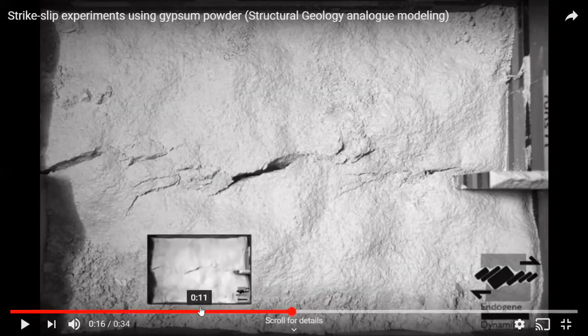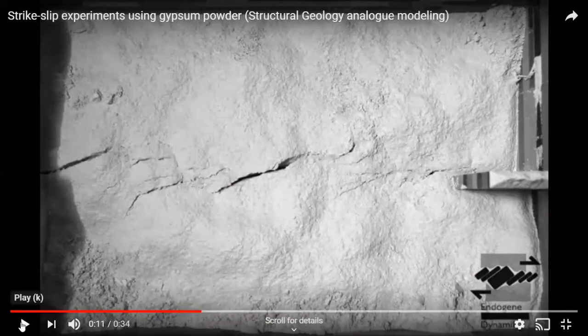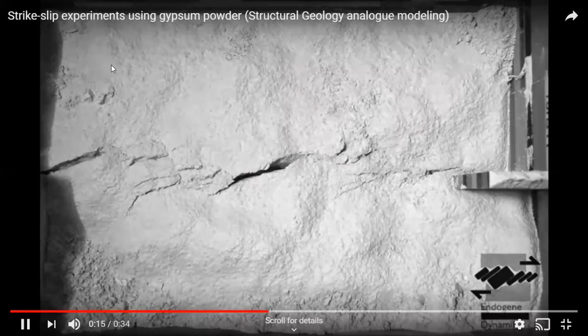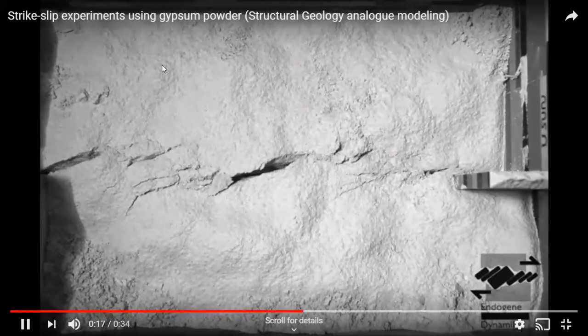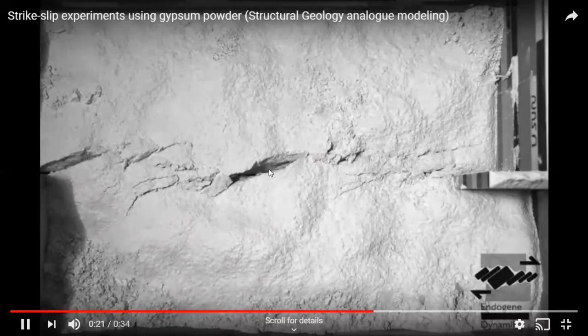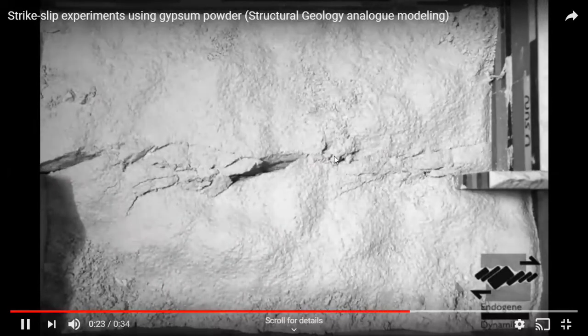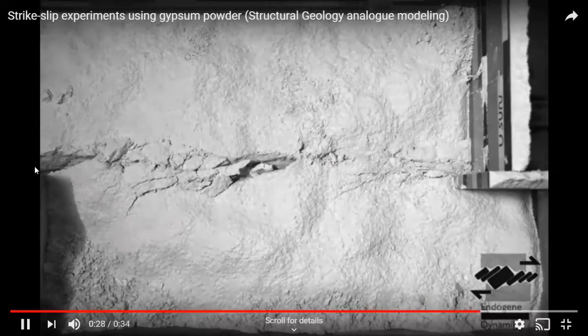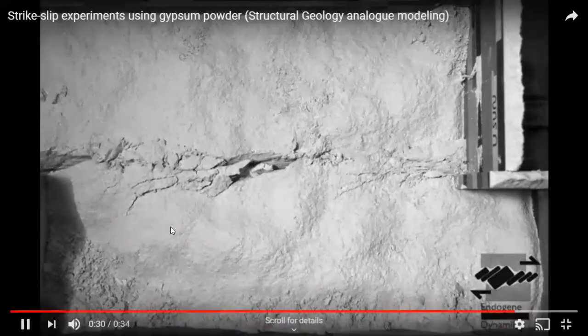Let's rewind this movie a little bit and see as we push this block to the left and create a left lateral strike-slip motion, which direction all these first order fractures are tilted. They are all tilted to the right in the opposite direction of sense of slip, right?